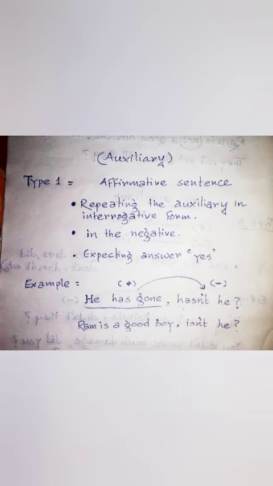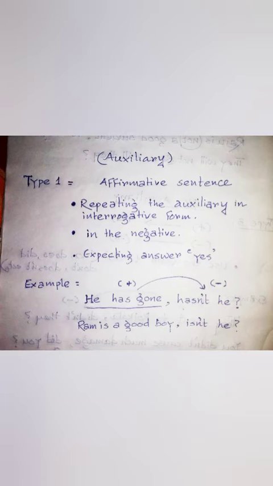This is the first type of question tag that we will deal with. The first one is of auxiliary, that means the statement where an auxiliary verb is used. Type 1: auxiliary verb with an affirmative sentence. If the sentence is affirmative, then what is the rule to make the question tag?